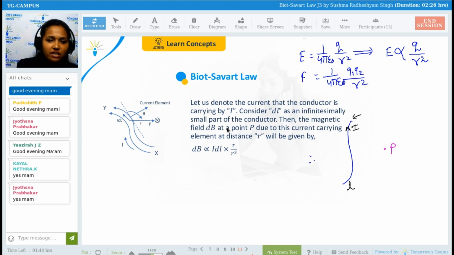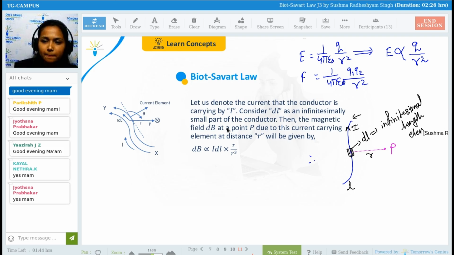So according to your Biot-Savart law, connect the dotted line, and this line is simply called the distance. Instead of considering the total length of the conductor, we consider a small length, which is called an infinitesimal small length, and this length is called dl, an infinitesimal length element.